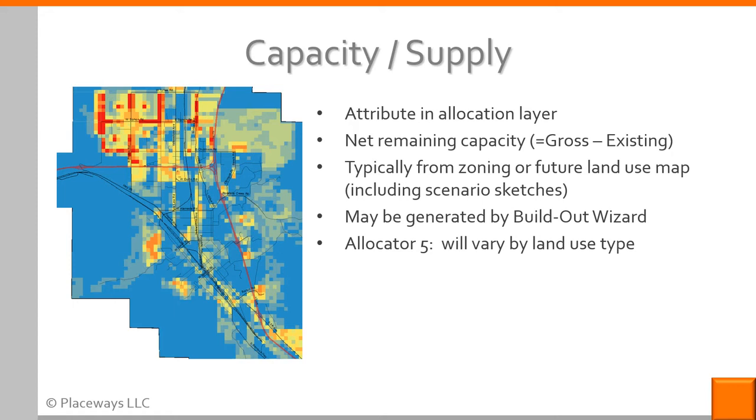It's usually calculated from zoning or future land use maps, potentially including land use scenario sketches that you are doing in real time. One tool for calculating capacity is the build-out wizard, but it's not required. And if you're allocating more than one land use, you'll need to calculate capacity separately for each type.